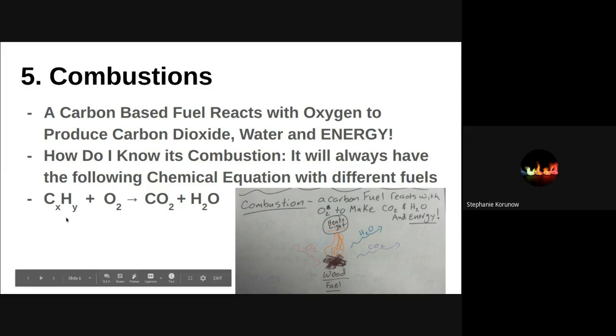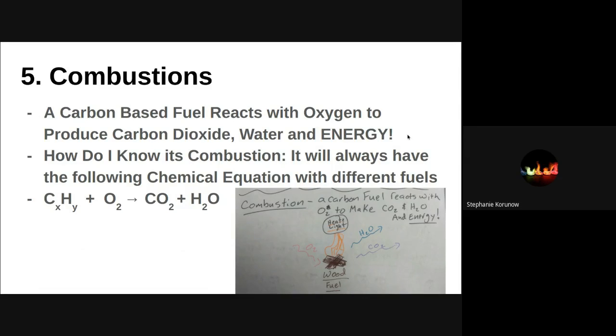The way we know it's combustion, it's always going to have something with carbon and hydrogen and maybe a little bit of oxygen in there too, plus pure oxygen gas producing carbon dioxide and water. So if you see this setup with a different amount of carbons, hydrogens, and sometimes even oxygens in there, you're going to have a combustion reaction.